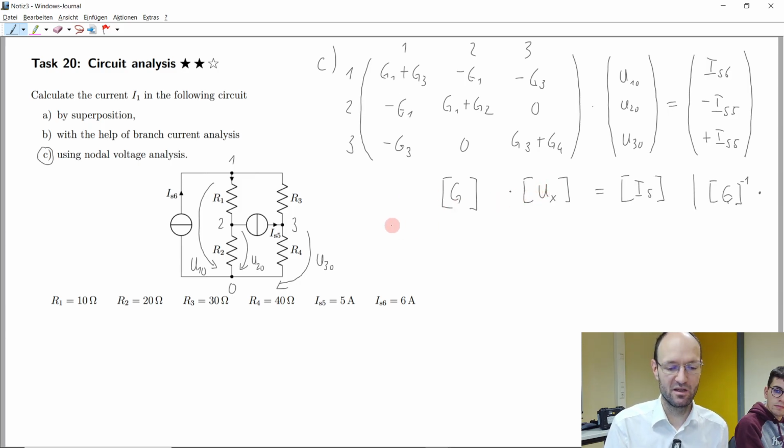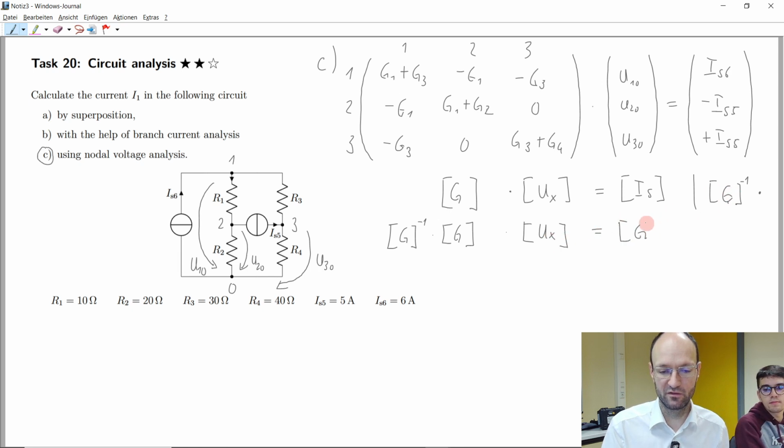And so then here we get the inverse matrix multiplied with the matrix, multiplied with our vector of unknowns, and on this side, of course, we have the same, this inverse matrix multiplied with our known source vector.